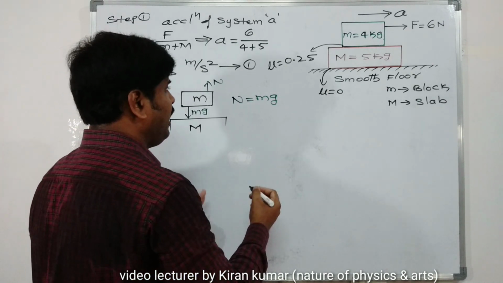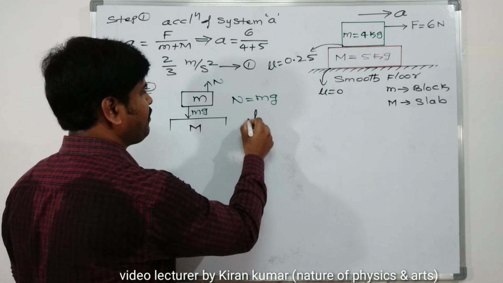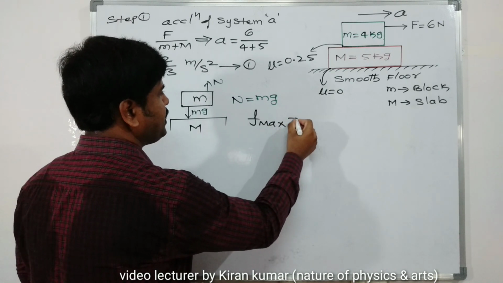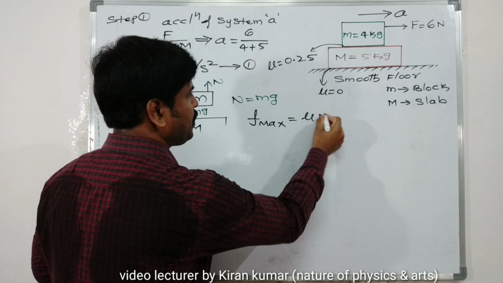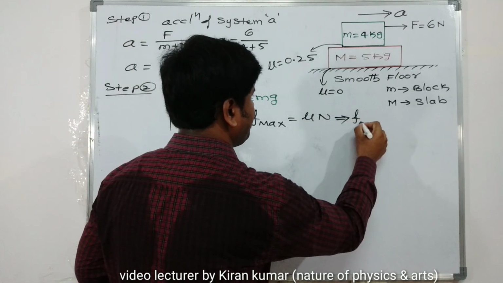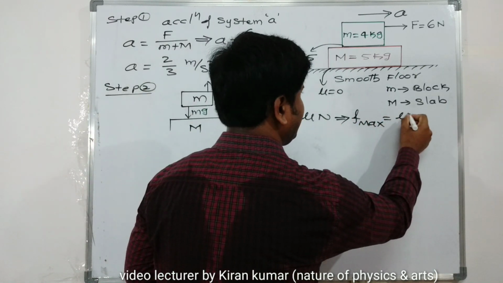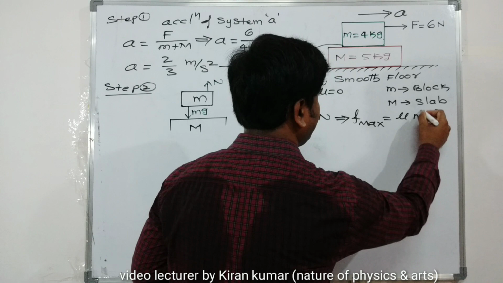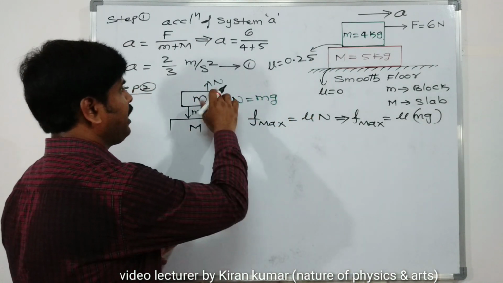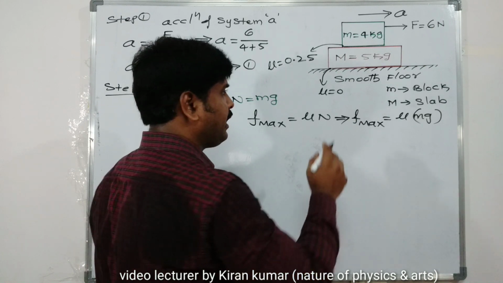For the maximum frictional force, F maximum is equal to mu into N, which is equal to mu mg. N is equal to mg, both equal in magnitude and opposite in direction.